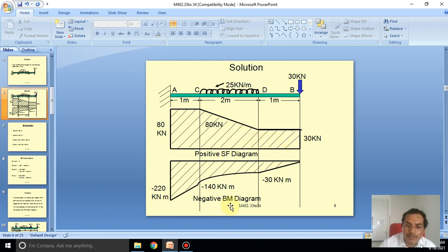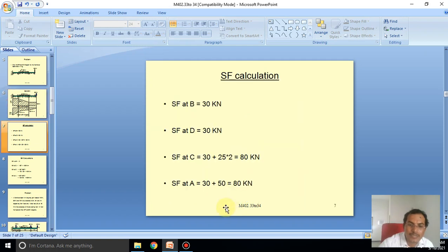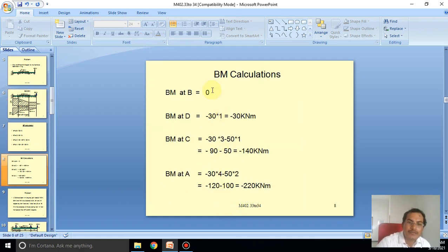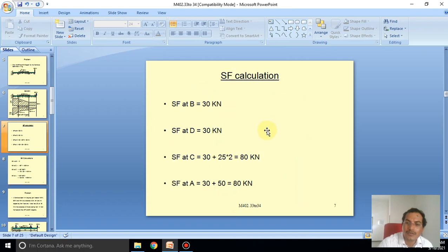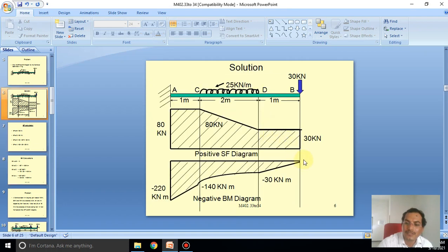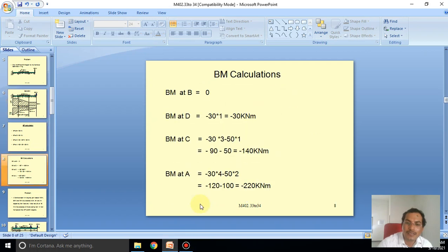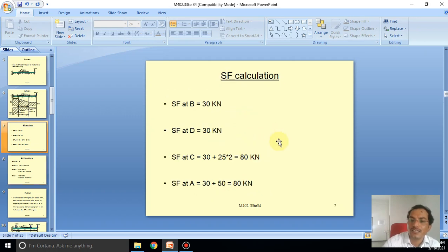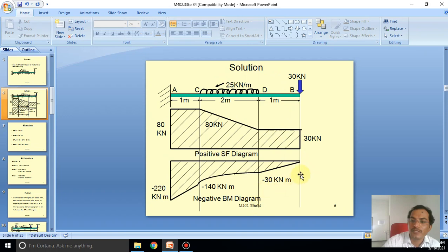However, we can now draw the bending moment diagram. At the point of B it is 0, since there is no force and no length. From B to D we calculate, it will be minus 30 kilonewton, below the xy plane, and we draw an inclined line up to point D. This is the inclined line in the bending moment diagram.